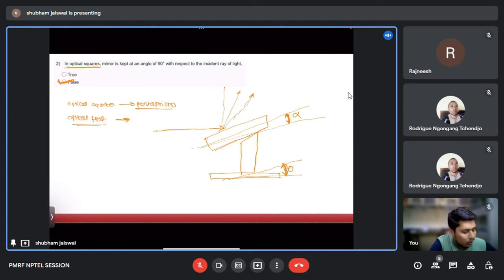But in the case of the optical square, we use a pentaprism.